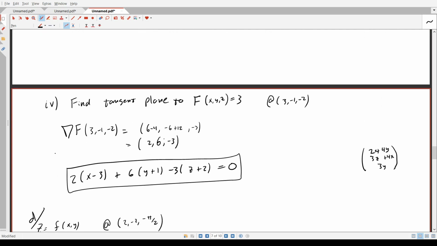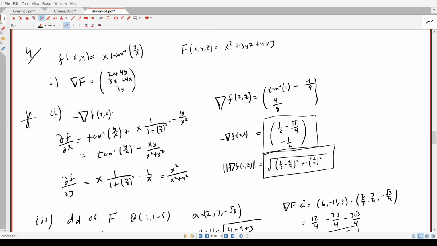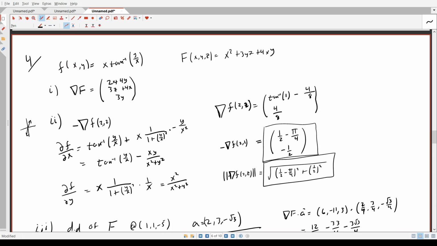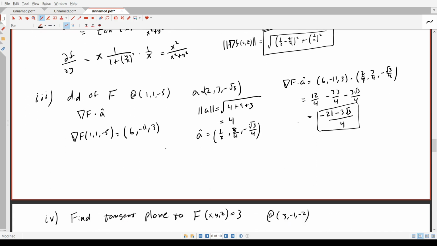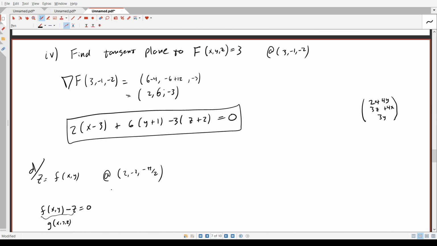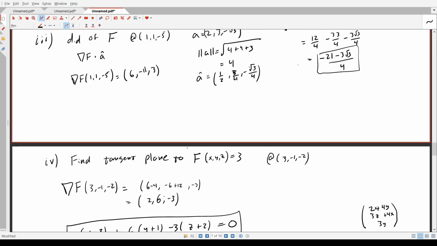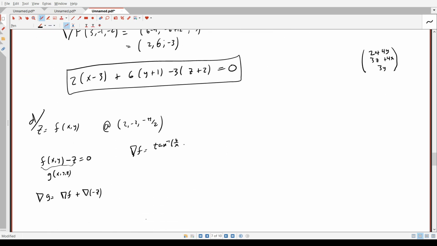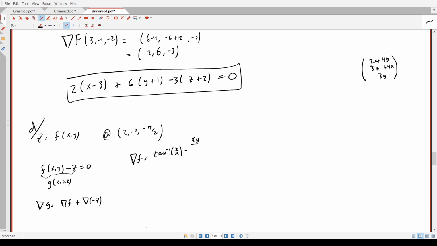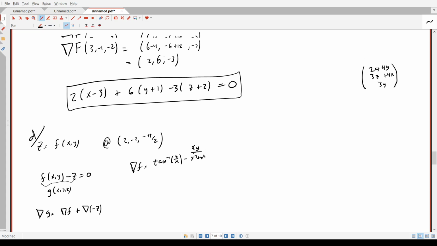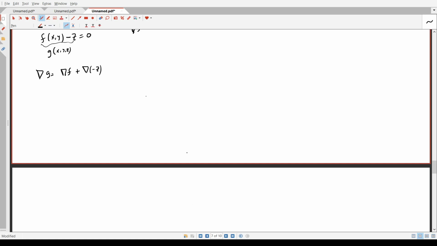I know what the gradient of f is. It's this. Well, I didn't write down explicitly. Okay, so it's tan inverse y over x plus or minus minus xy and then x squared.